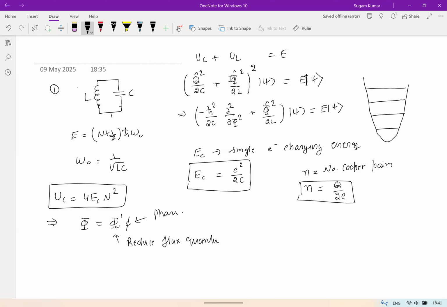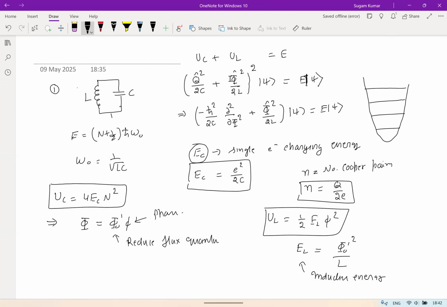In that sense, when you calculate all these terms, UL comes out to be one half EL phi square. And I define this EL as phi naught square upon L, and I call this the inductive energy. So you have one term called EC and one term called EL.